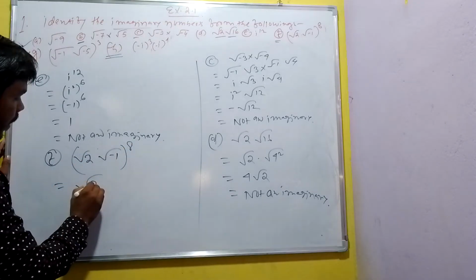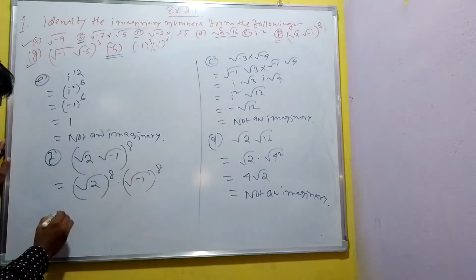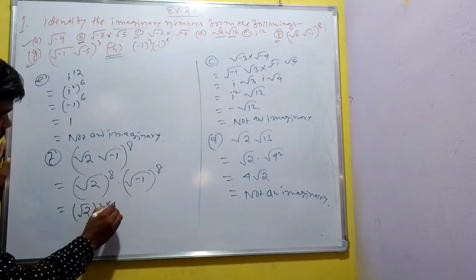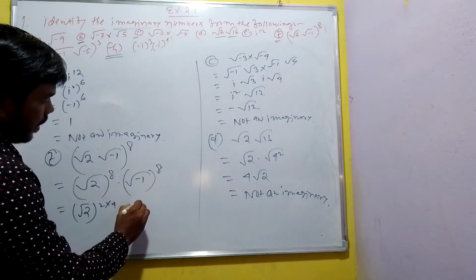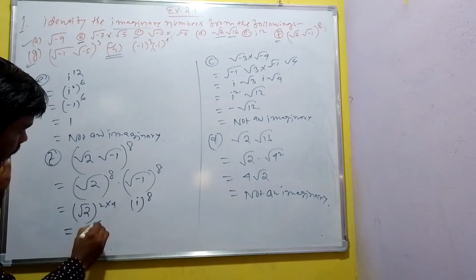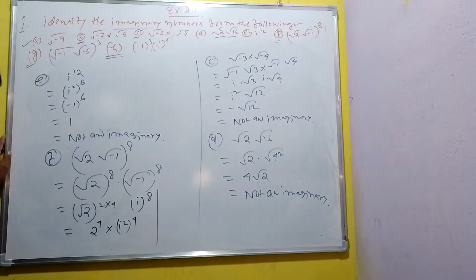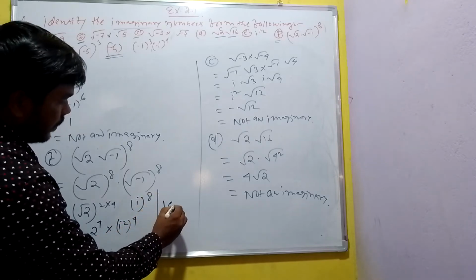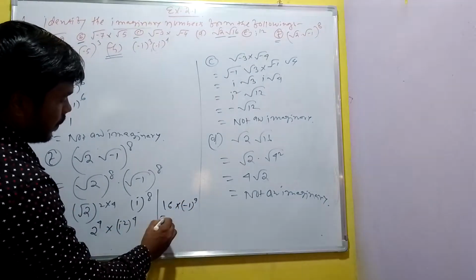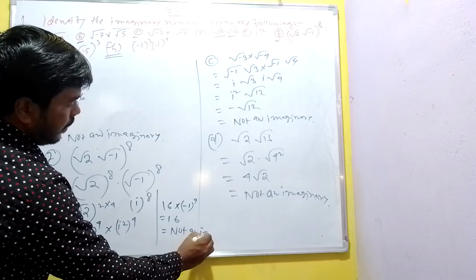Okay, so you can write 2 to the power 4, and i to the power 8, so the square root will be cancelled. 2 to the power 4 into i square whole power 4, so 16 into minus 1 whole to the power 4, so it will be 16, so equals not an imaginary.